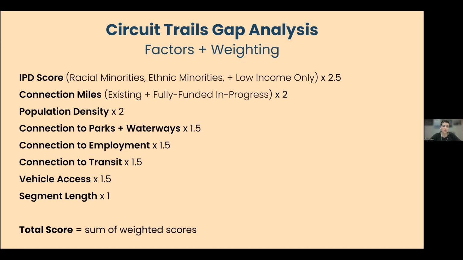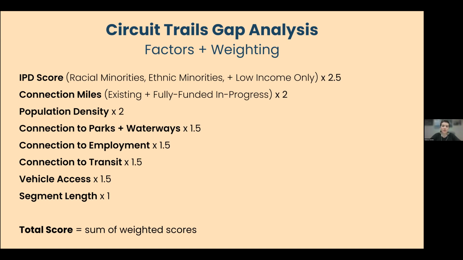We also looked at population density in the census tracts within a half mile of the trail segment. We looked at connection to parks as well as waterways. So higher ranking segments connect to both parks and waterways, whereas just to a park, it's a little bit less, and none is 0.